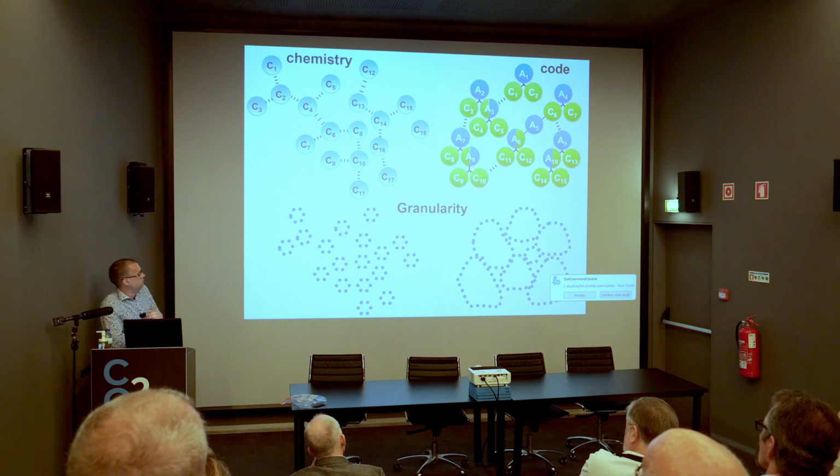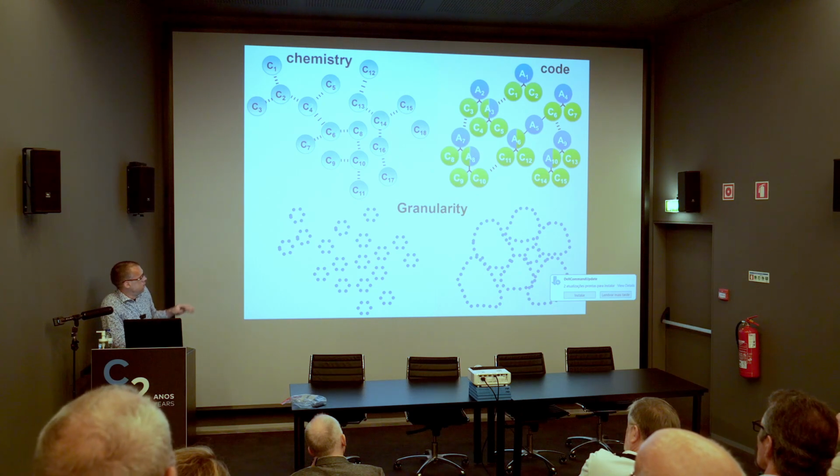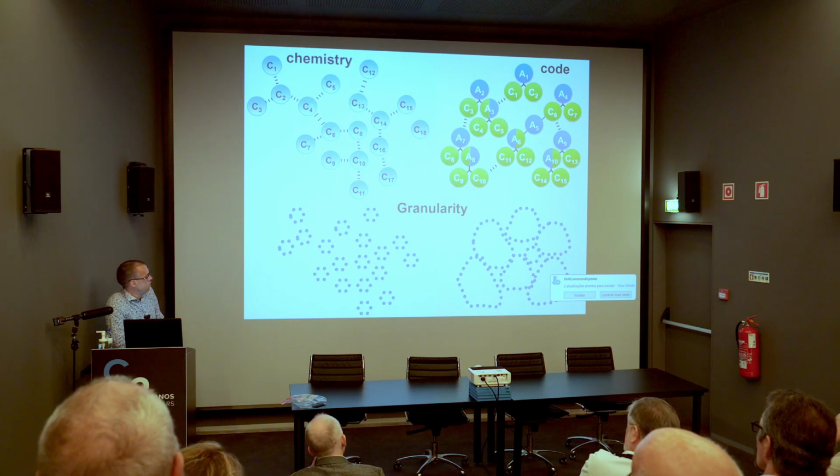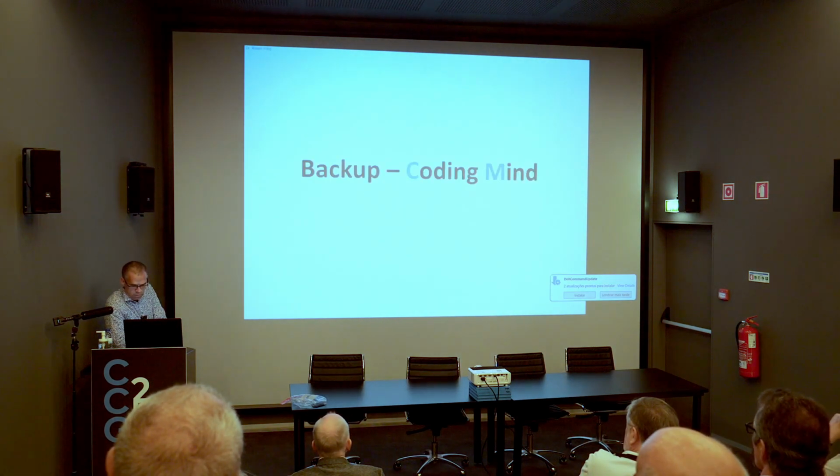And I want to show further slides that are not related to modularity, but to other topics that emerge out of this code view of life, if we have enough time.